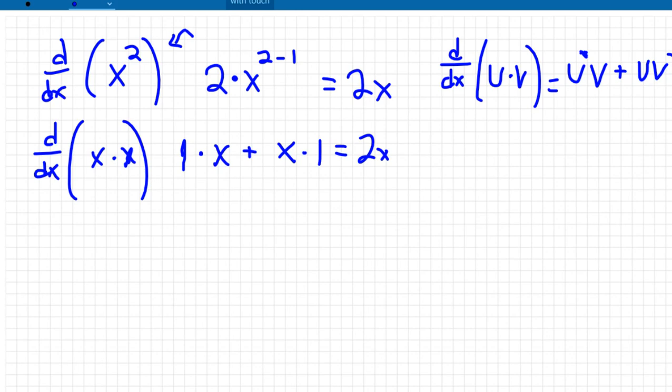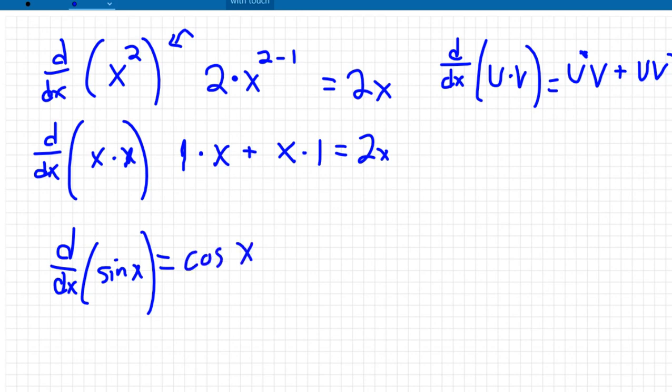So let's go with something a little bit more difficult. Hopefully you know a lot of the trigonometric identities as well as their derivatives. So for example, the derivative of sine of x equals cosine of x.